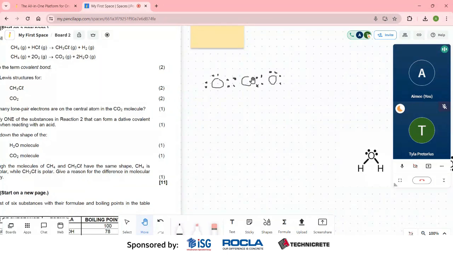These are not lone electrons. Bonding pair, bonding pair. But you can see that this pair and this pair and this pair and this pair, these 4 sets of 2, or the 2 sets of 2 on each oxygen, are not involved in bonding at all. So these are lone pairs.